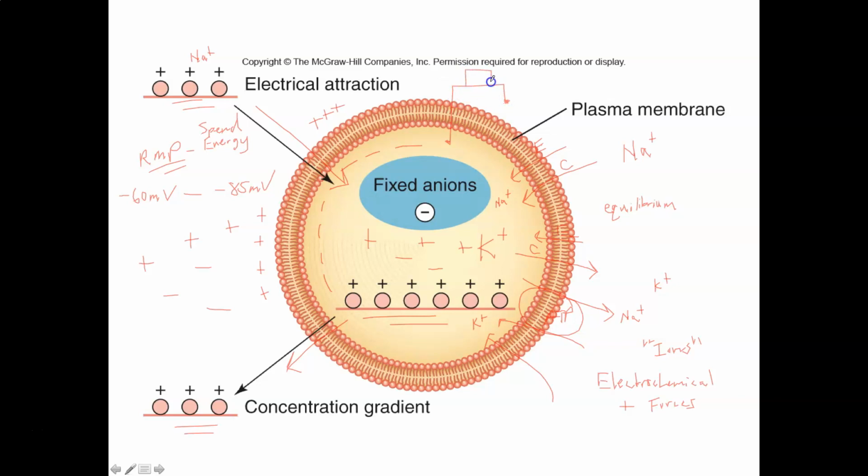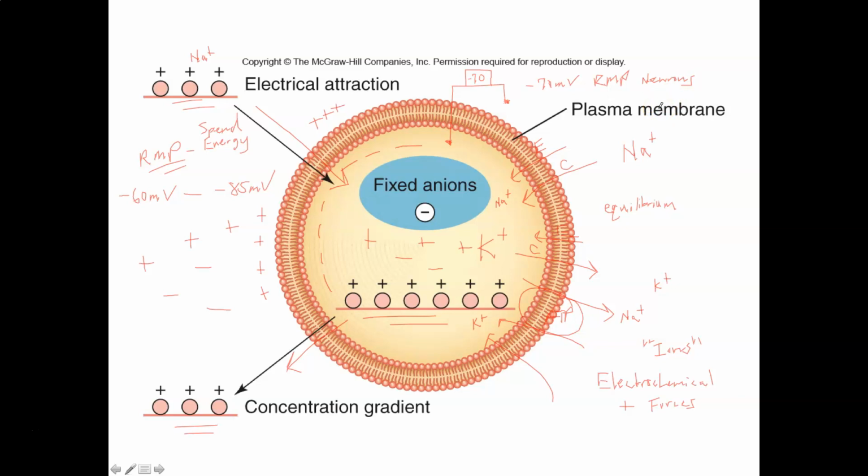If you could shrink yourself down to the level of a cell and you could place a voltmeter inside and outside across the membrane and you could read the membrane potential, you would get some number. And you may recognize negative 70 millivolts. That happens to be the resting membrane potential for neurons.